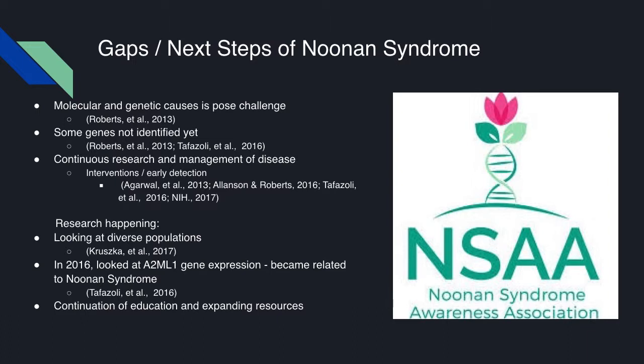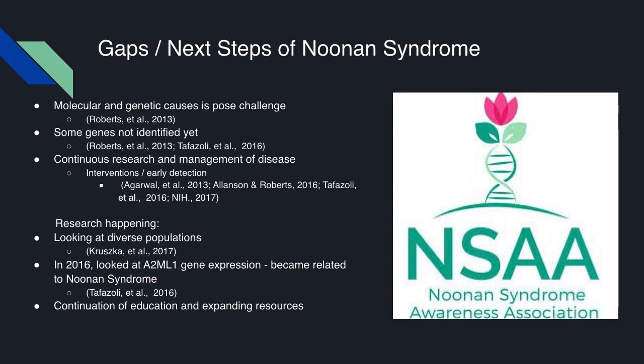So there are many interventions currently for early detection and management of symptoms that many research papers, information centers, and other organizations have started to provide, so most people with the disease can reach adulthood. So it's actually in a good realm right now for the knowledge and case management of what Noonan syndrome is.